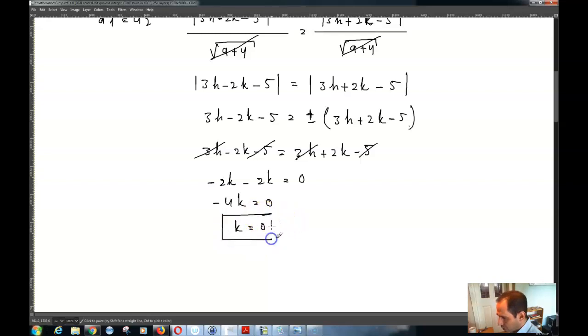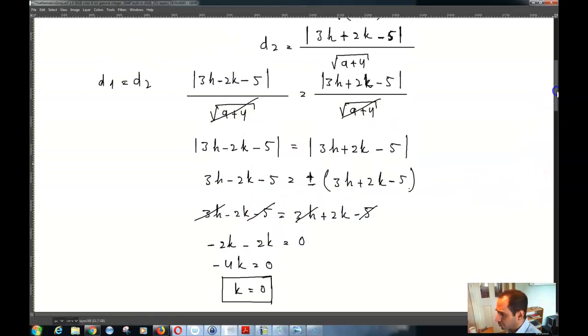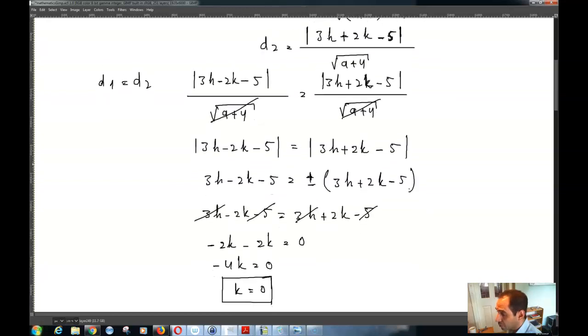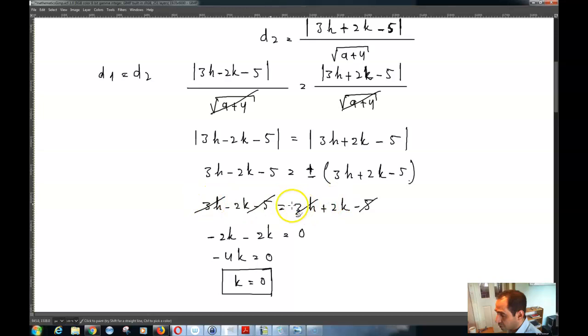So over here k is equal to 0. And I have no information about h here. I don't understand what it means when h is cancelled out.